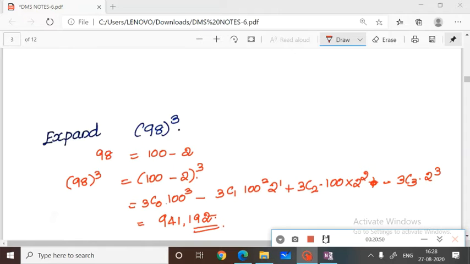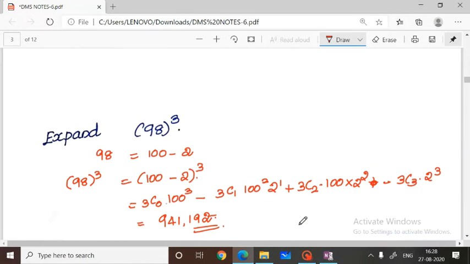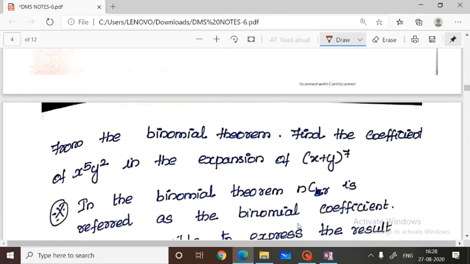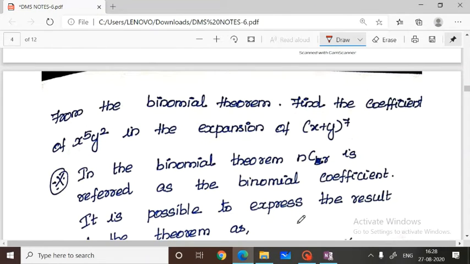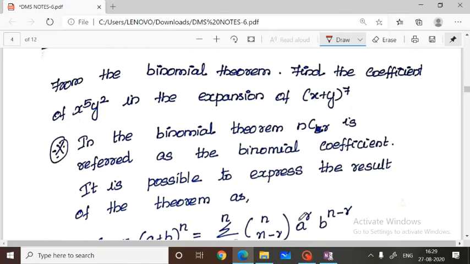Now, the next problem is: find from the binomial theorem the coefficient of x raised to 5 y square in the expansion of x plus y the whole raised to 7.